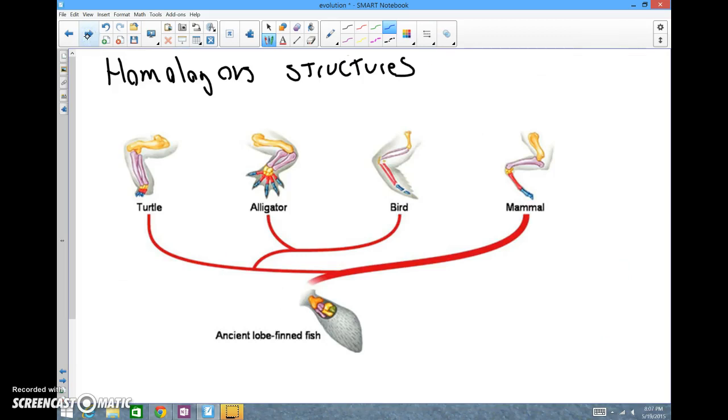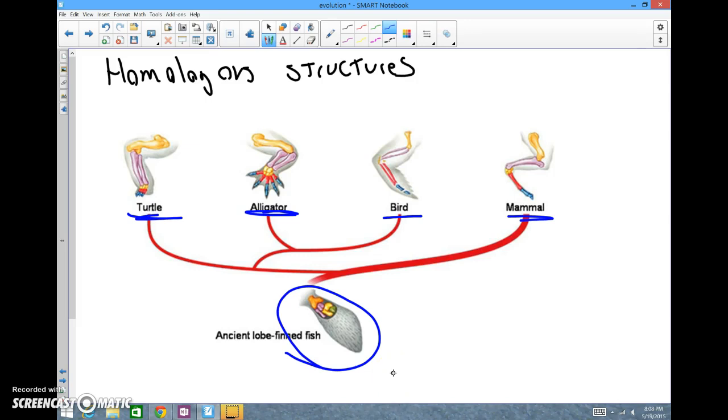So let's start with homologous structures. If you take a look at this image, you find several different organisms. You find a turtle, an alligator, a bird, and a mammal. And this mammal looks like something like a cat or a rodent of some sort. And down here what you have is an ancient fish, a fish that probably doesn't even exist anymore.